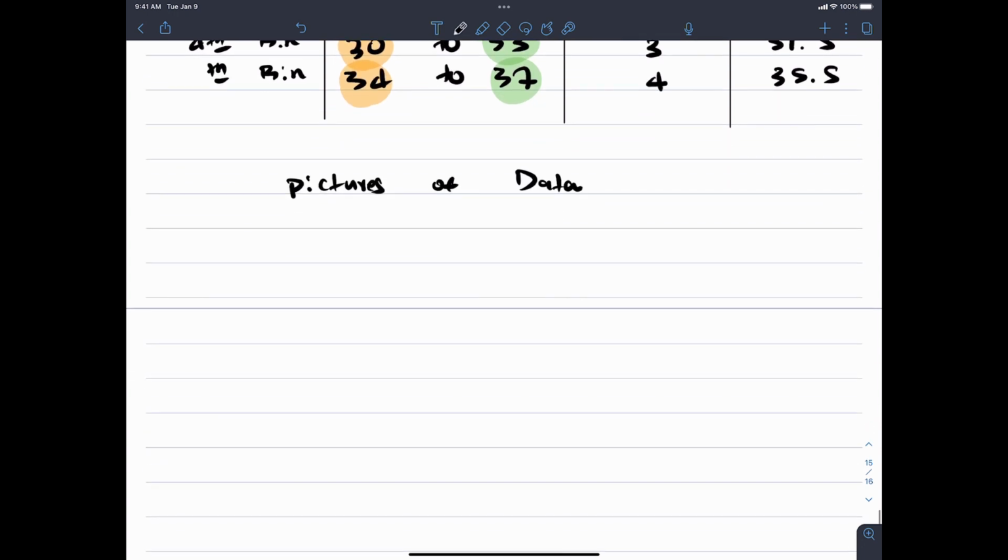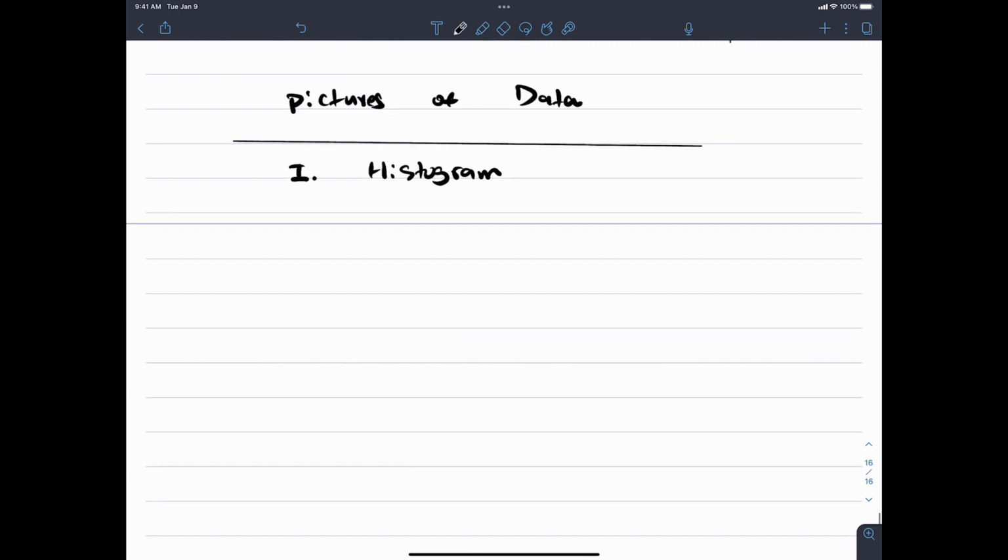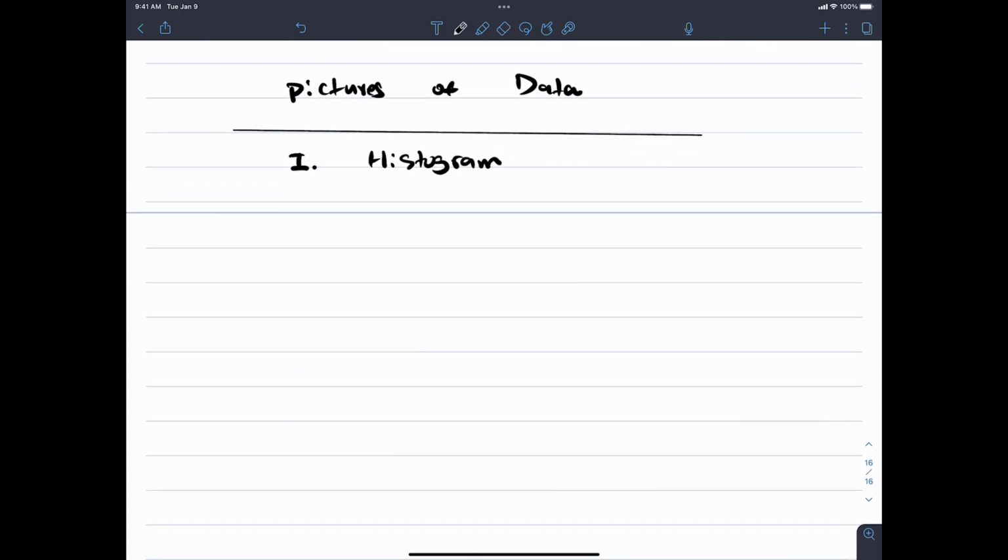Now, there are two pictures that we're going to draw today. One picture is called the histogram. I'm going to put this in our notes.